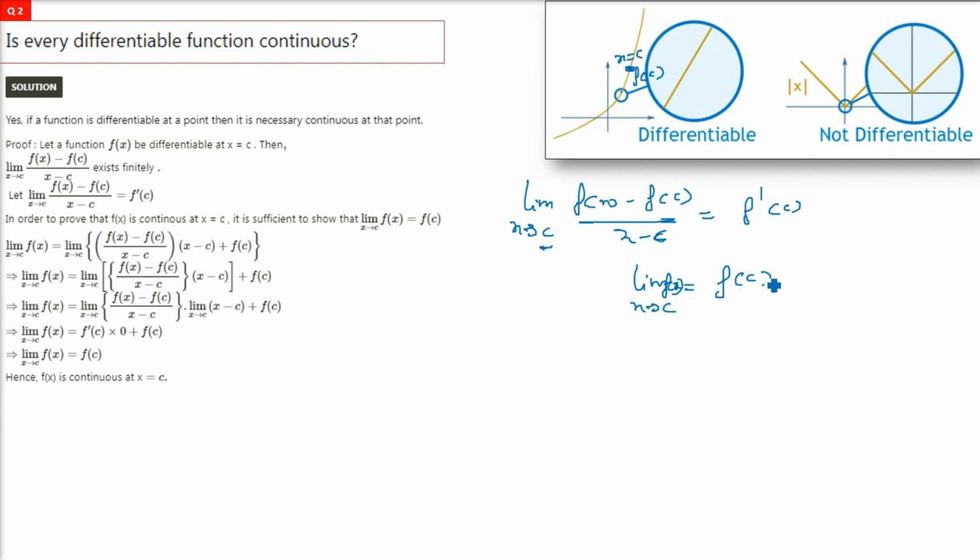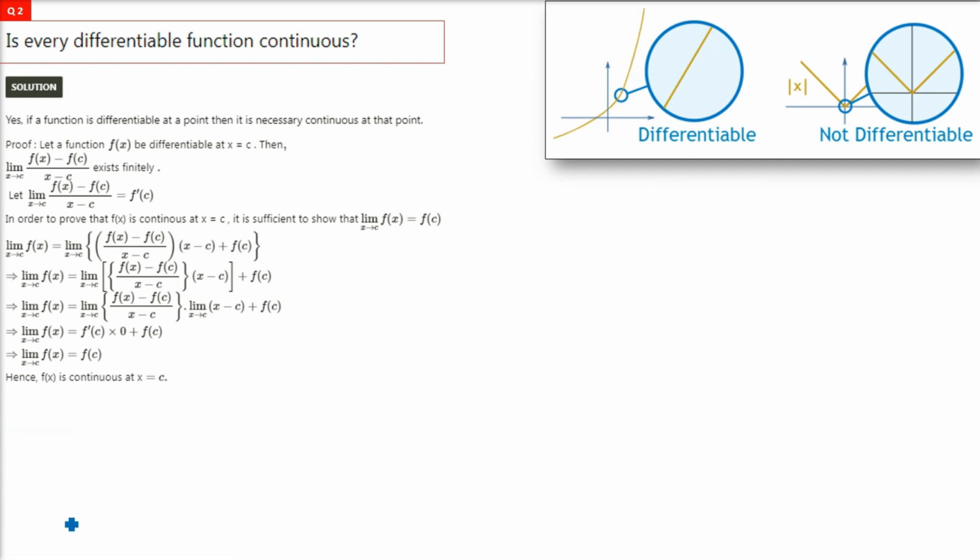That is, you don't have any break. Everything is smooth. So this thing is sufficient in order to show. If you apply this limit on a function f, and then you get f(c), that is the value of the function, then you get the continuity.